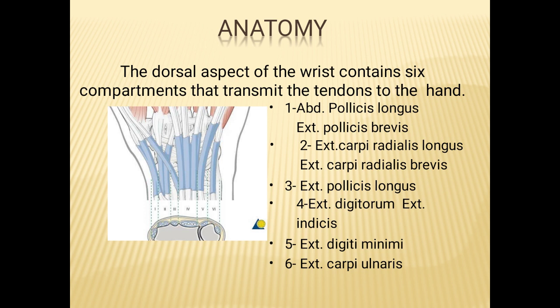Here we will be more concerned with the first compartment, which consists of abductor pollicis longus and extensor pollicis brevis. You can remember it by APL and EPB.